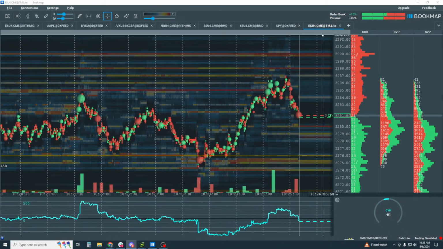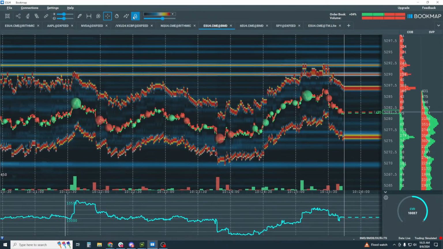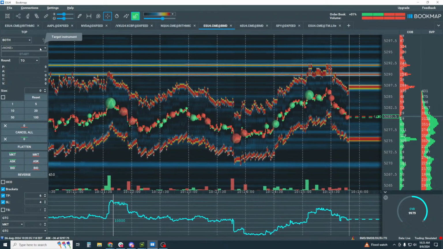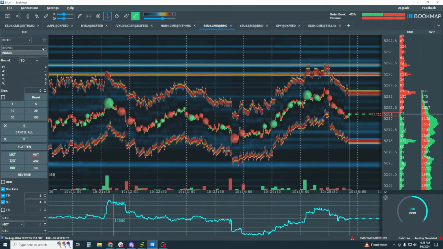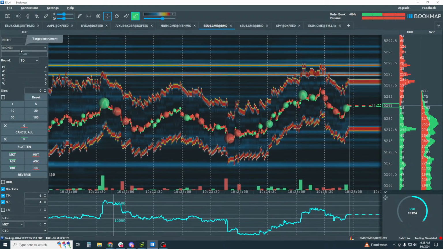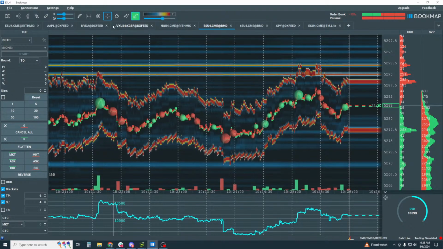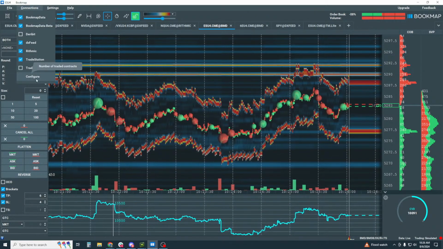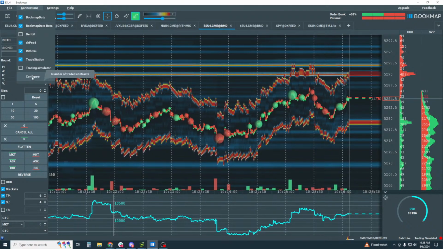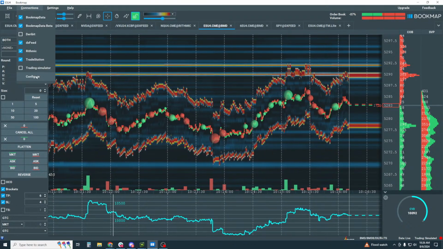The way that you would be able to do it through Bookmap data is, I believe you'll need to do the cross trading. Or, I'm sorry, no, let me show you. I had it wrong. You would make your connection to your trader's workstation in Interactive Brokers.